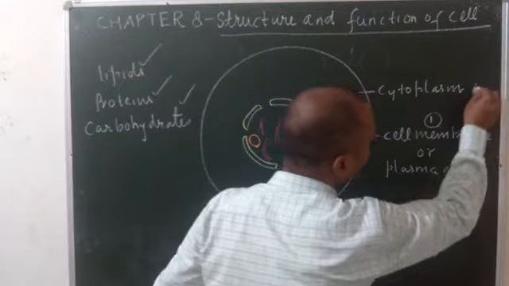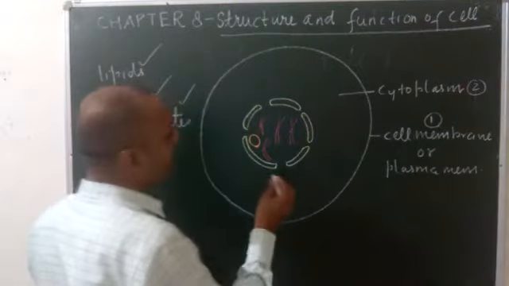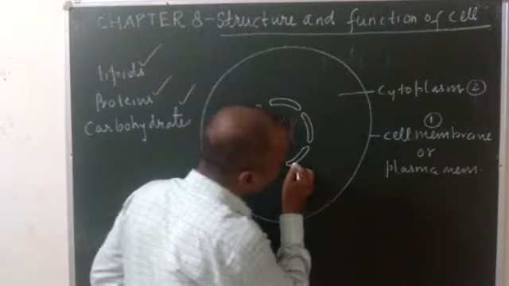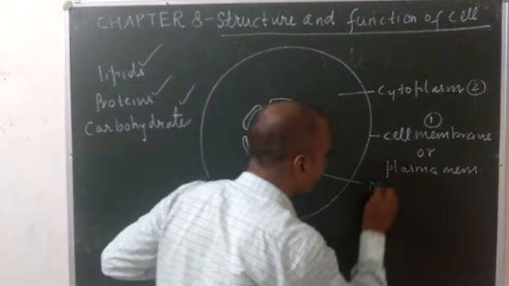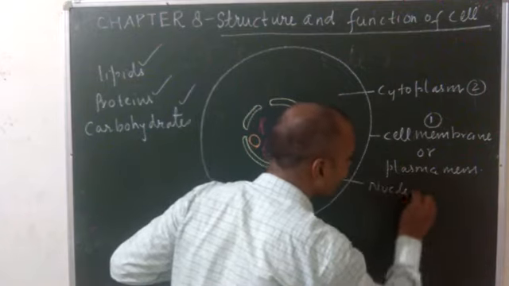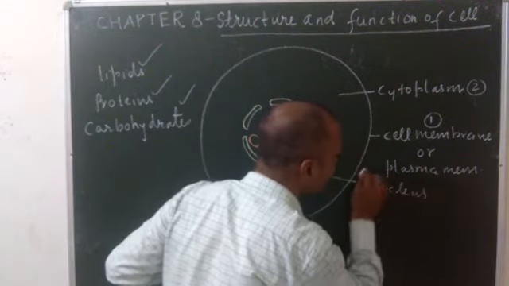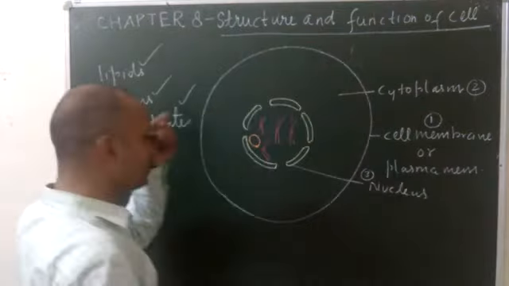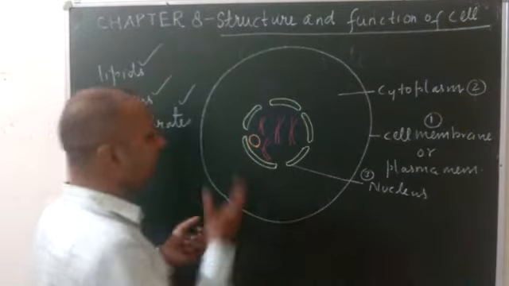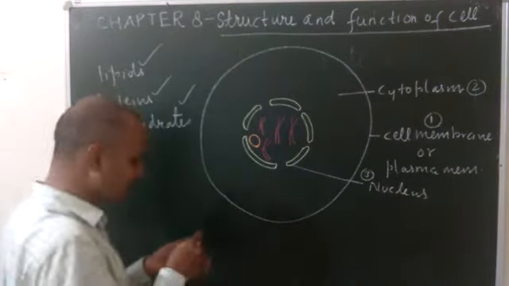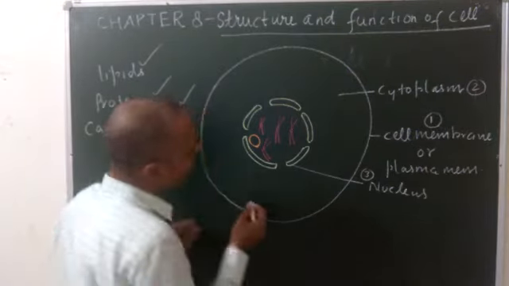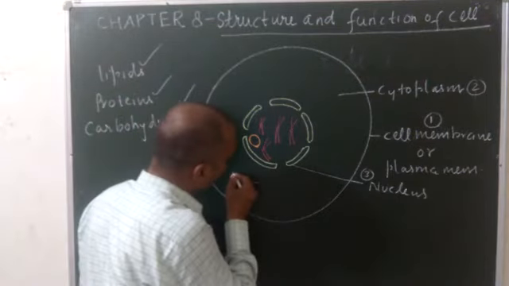This is the second part, cytoplasm, and this is the third part, nucleus. And the fourth part: various kinds of tiny structures present inside the cytoplasm, known as cell organelles or simply organelles.